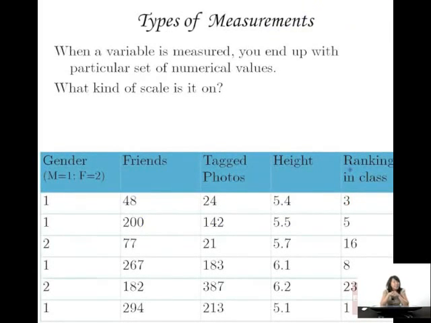But here's the thing. We can't actually get variables in the world. We can't get that truth. Instead, we have to measure it. And measurements are almost all discrete. When you actually measure something, we often round. For instance, when we measure height, we don't measure it to the 0.0001 inch or centimeter.